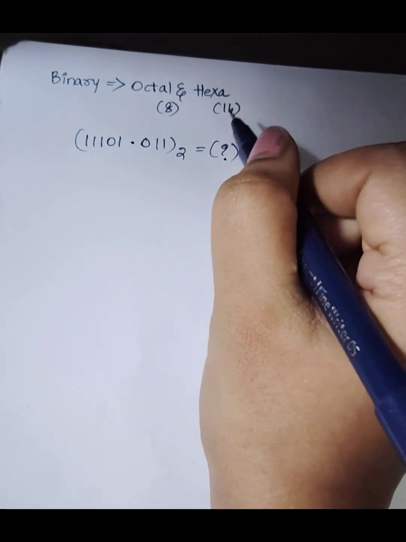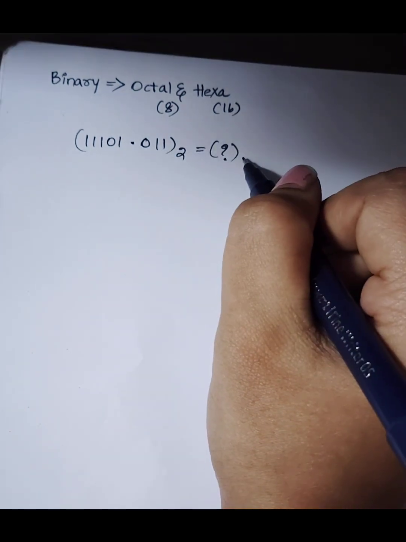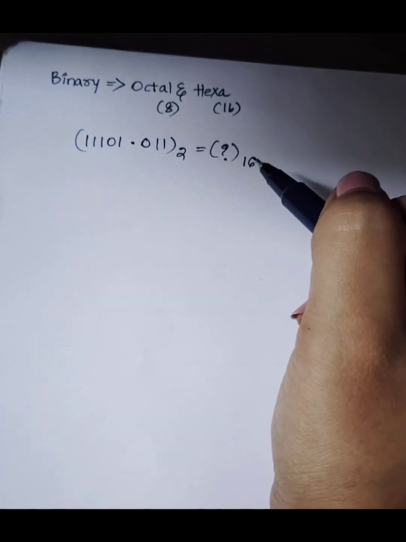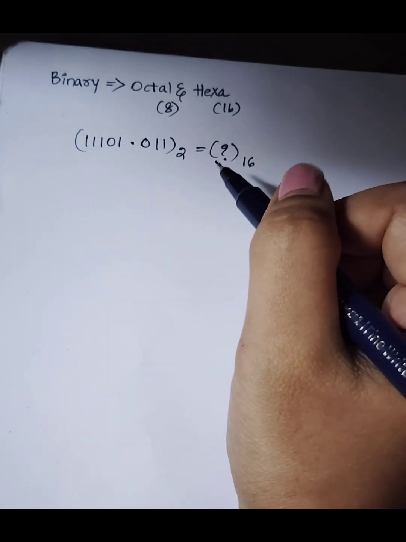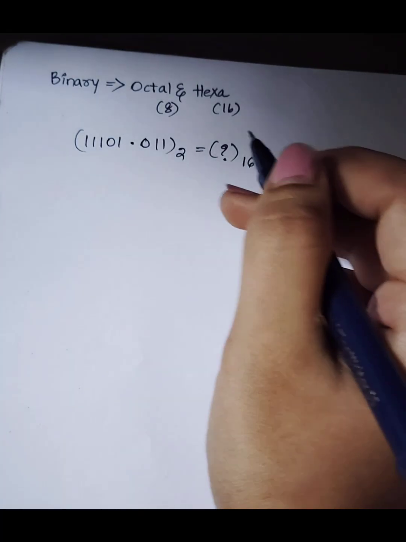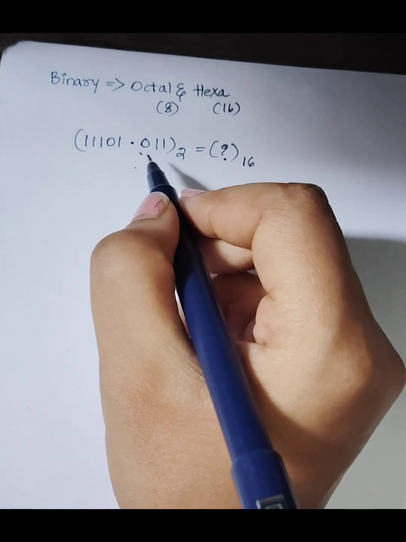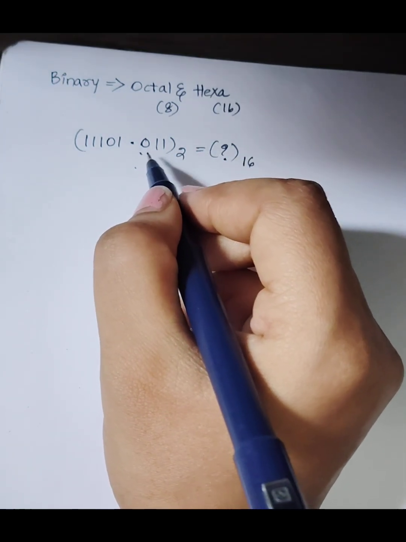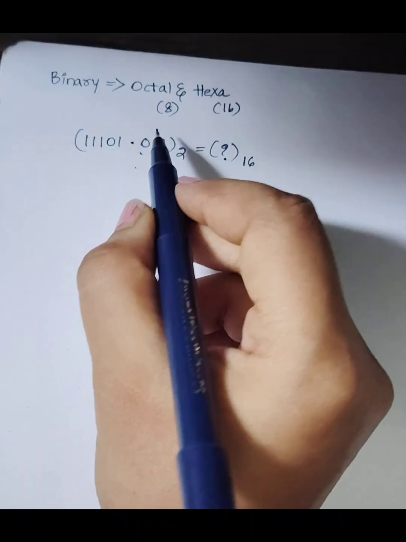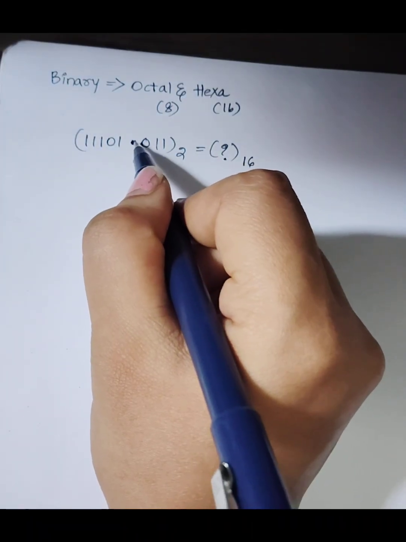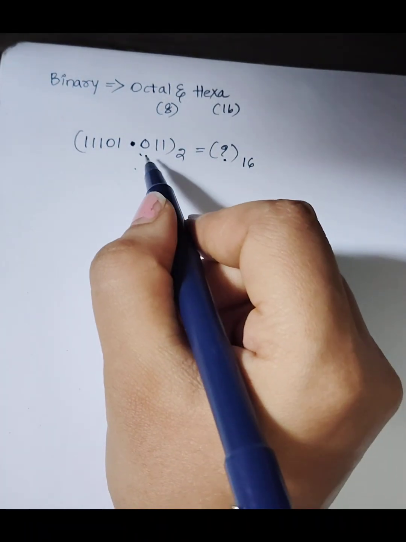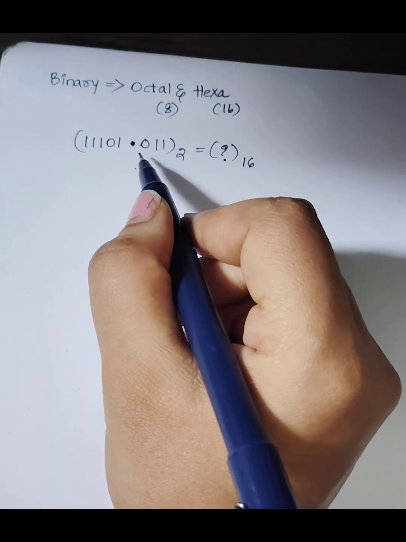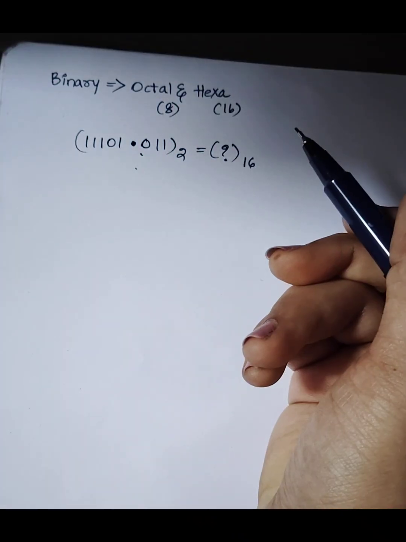And let us consider how to convert it into hexa. 16, no, it's the radix value. So you need to take groups of numbers in which each group should have 4 numbers. So after the radix point, for hexa you need to take groups of numbers, and in each group you need to have 4 numbers.